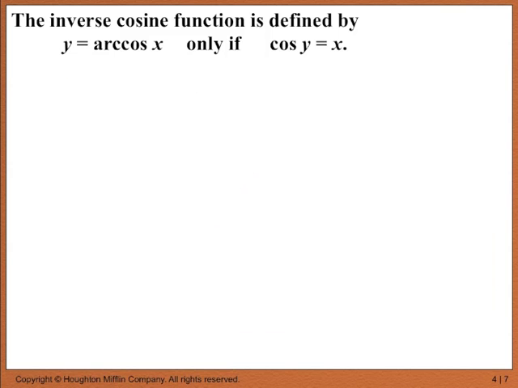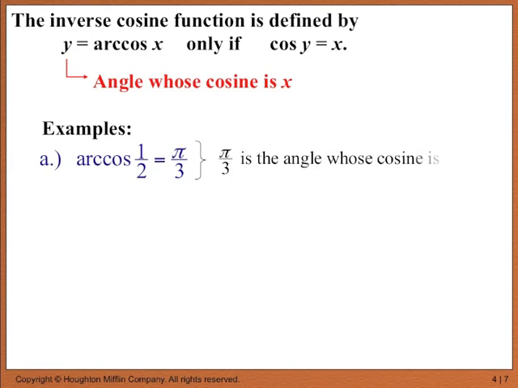The inverse cosine function is defined by y equals arc cos x only if cosine y equals x. The angle whose cosine is x is the best way to think of y in this case because it makes more sense. For example, arc cos 1/2 equals pi over 3.